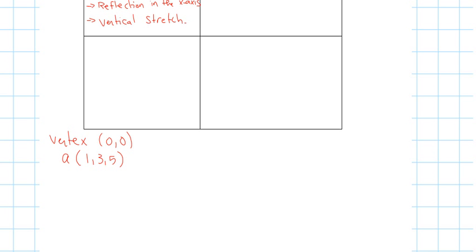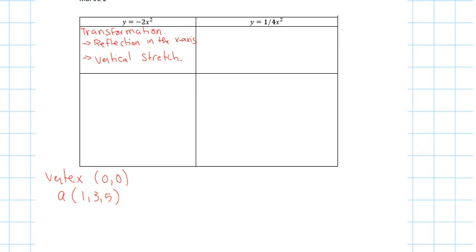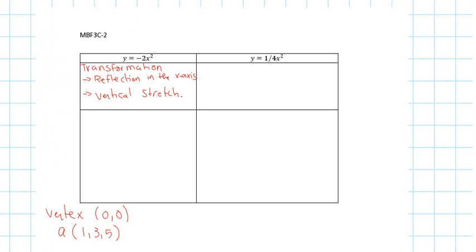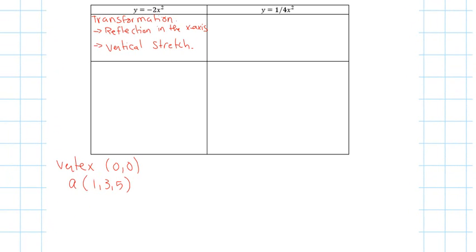Because a is the same as this a in the transformation of y equals ax squared. So that a is negative 2, and that is going to multiply my 1, 3, 5.